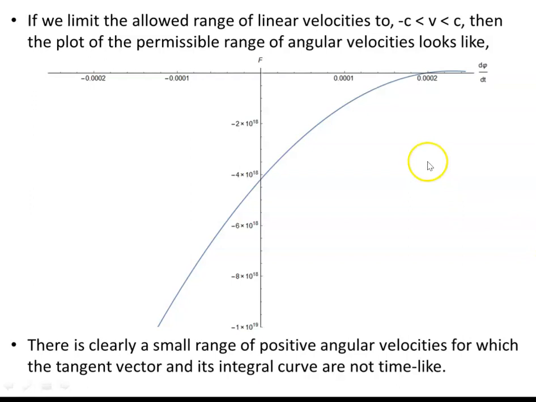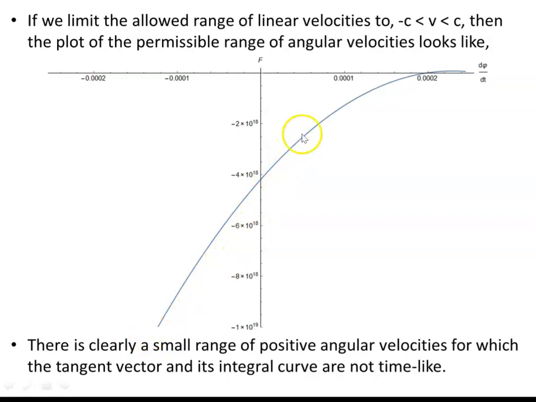All right, now if we limit the allowed range of linear velocities to v greater than minus c, that's in the negative direction, and less than c in the positive direction, it can't be equal to c because only massless particles could travel at c, so that's not acceptable for a particle with mass. And the plot of the permissible range of angular velocities is this endpoint here in the positive region above the axis. That is a linear speed at this point of c, and over here minus c, in the negative direction.